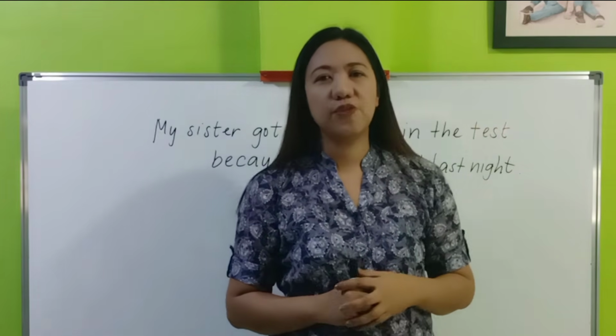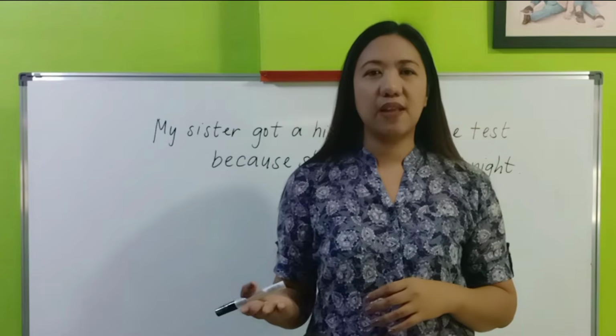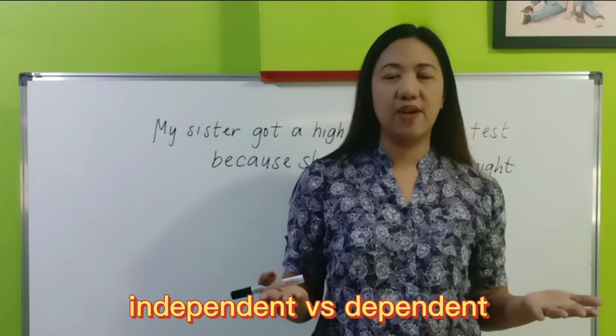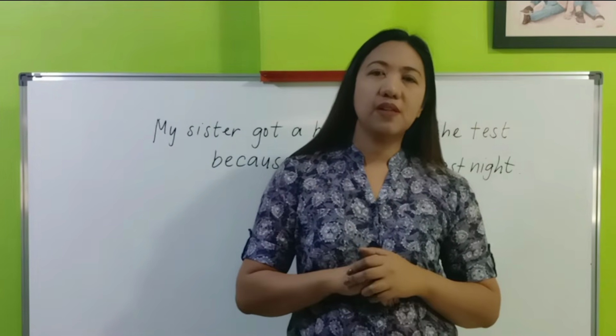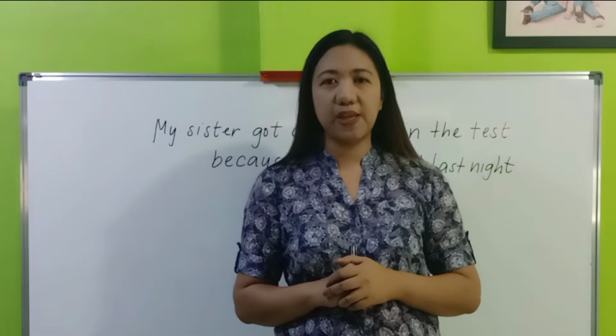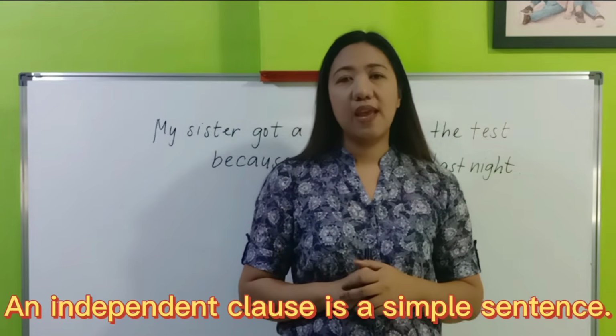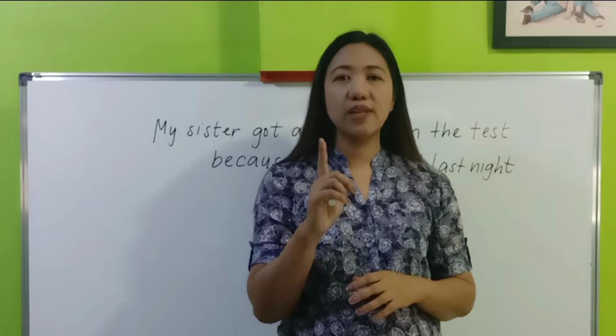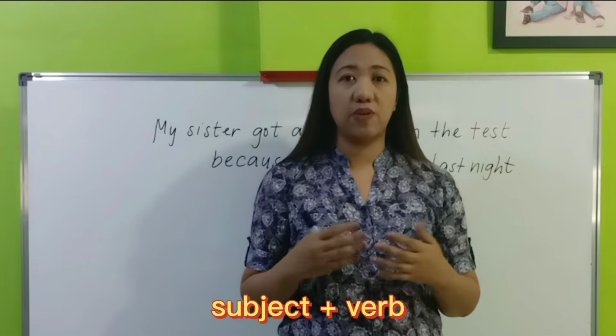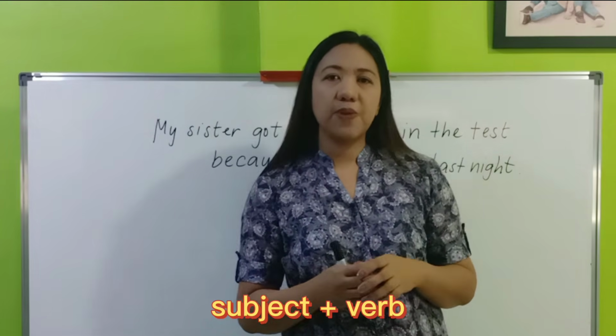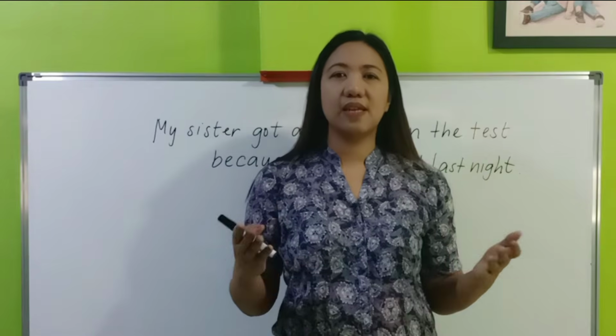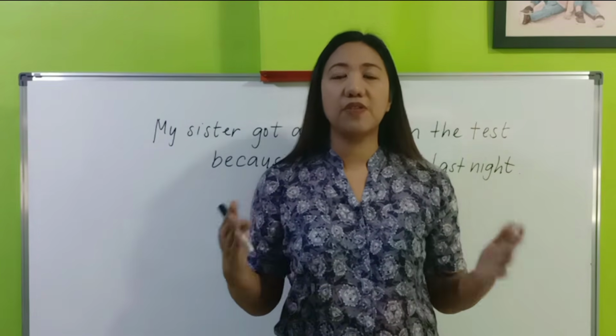Okay, so what's the difference between an independent clause and a dependent clause? An independent clause in definition is simply a simple sentence and it contains at least one subject and a predicate or a verb. Just like an independent person, it can stand alone. It has a complete thought.